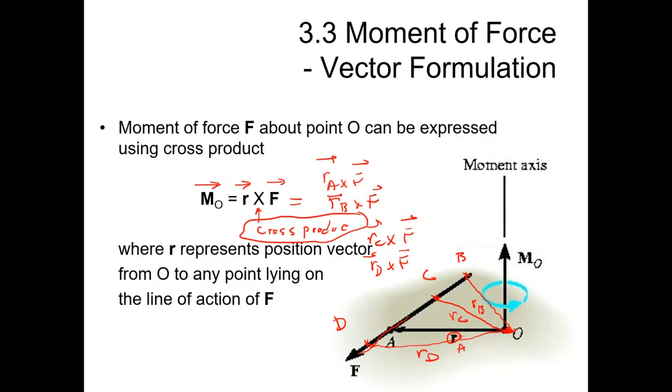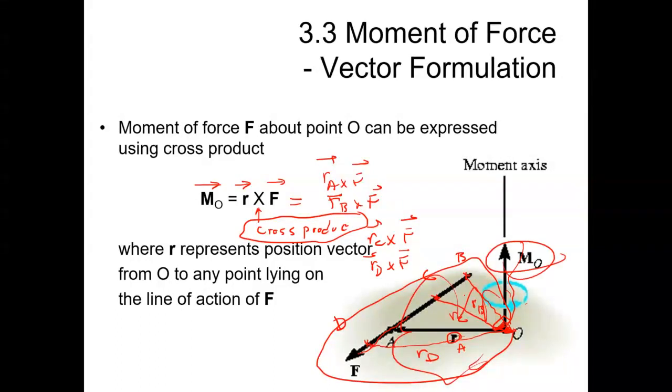So when you are doing the vector cross product, it doesn't matter which position vector you use. It could be RB, RC, RA, RD, and all of these would give you the same answer. The same answer is you pass a plane through the force and these vectors, and the moment is normal to this plane. So that is the outcome.